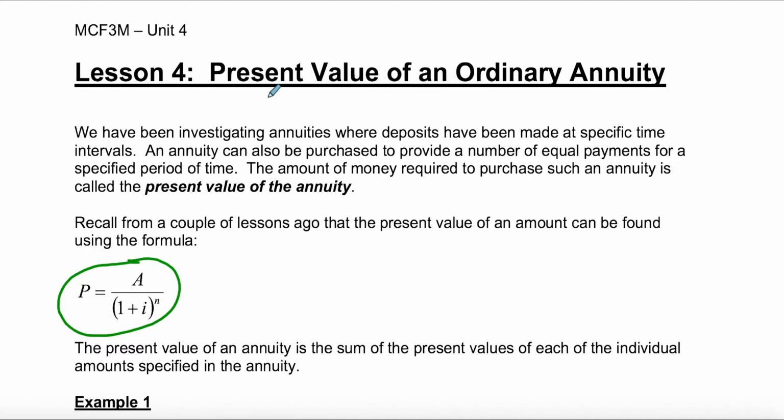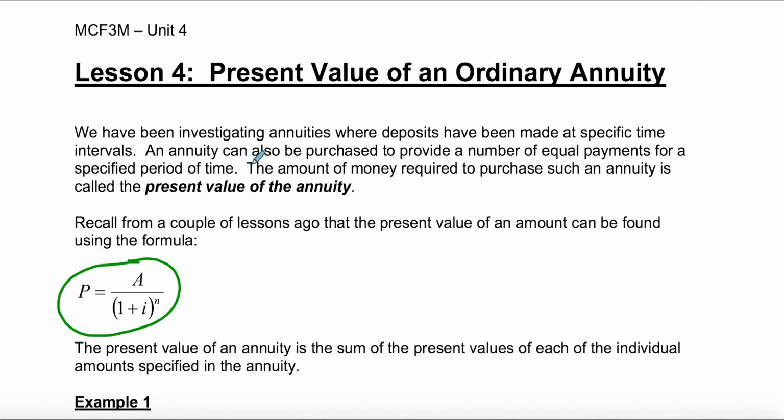So now we're going to look at present value of an ordinary annuity. So again, imagine having $50,000 today, and then you're going to make regular withdrawals from that amount. That's what makes it present value of an ordinary annuity.